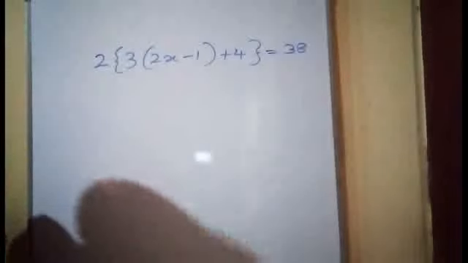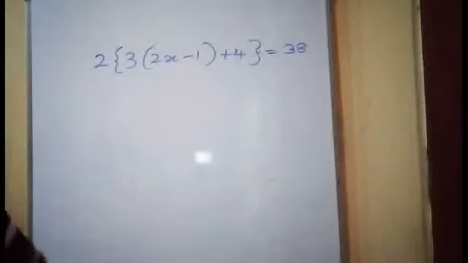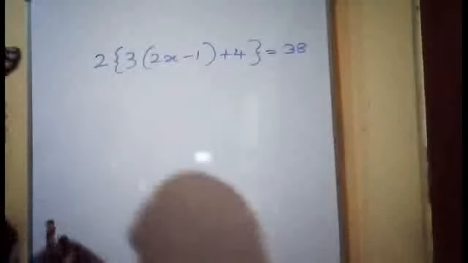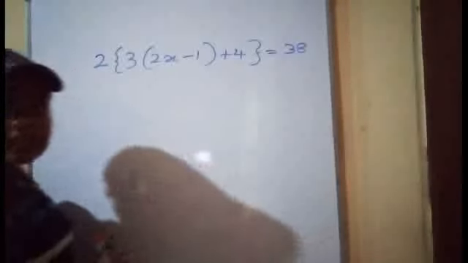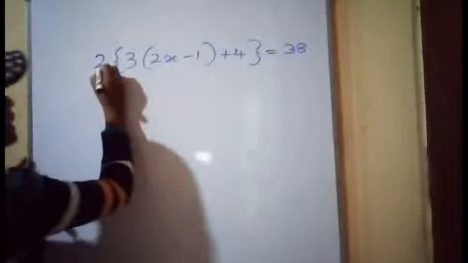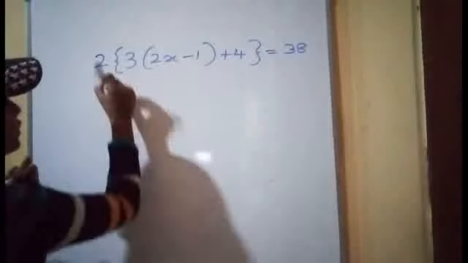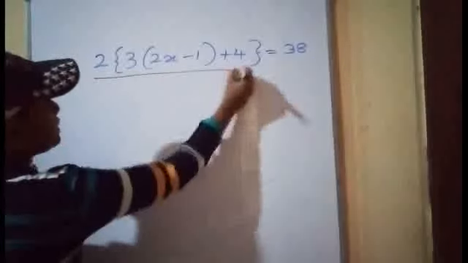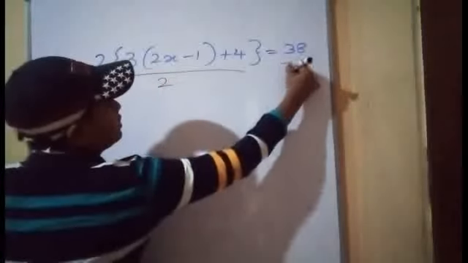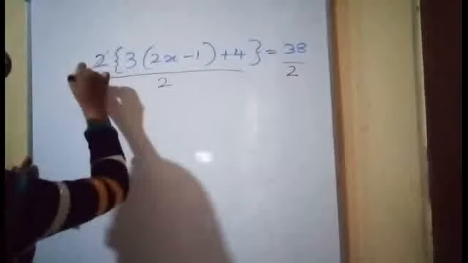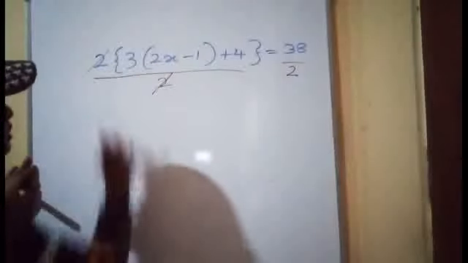Firstly we want to remove some things. There I have 2, and there I have 38. We divide both sides by 2 to remove this 2.